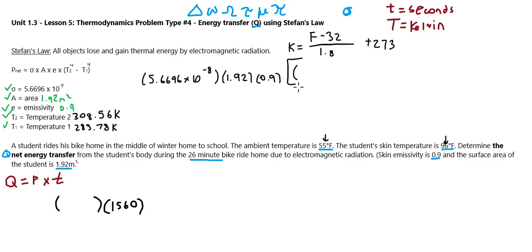Then we have 308.56. Don't need to do the unit right now. To the fourth minus 2.85, or sorry, 285.78 to the fourth.